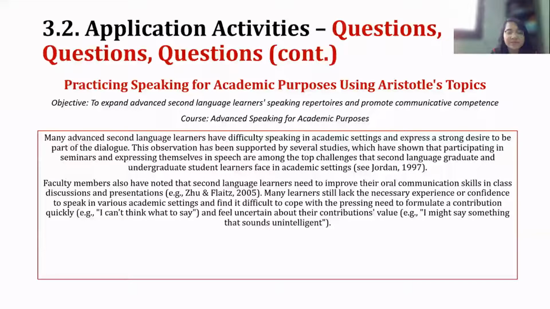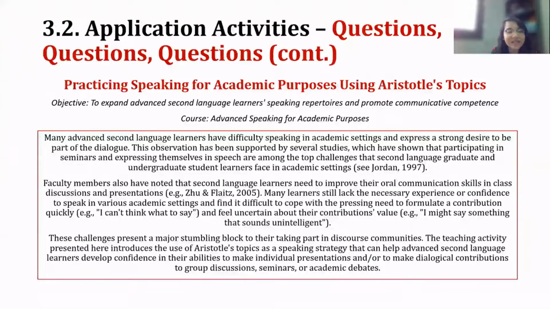And it is also difficult to feel certain about our contribution. Is it enough, or is it good enough? Do I look knowledgeable enough? Sort of things. These challenges present a major stumbling block to their taking part in discourse communities.